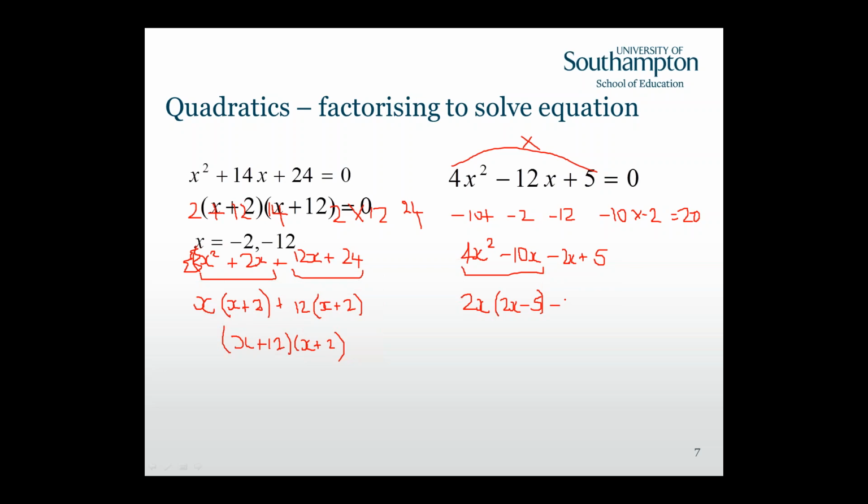No, that is right. Minus 1 gives me 2x minus 5, isn't it? Minus and minus. So now I know that I draw down the 2x minus 1, so that's the collect. So that was the split into 2, there's the factorise, and this is now the collect. It's 3 bits.